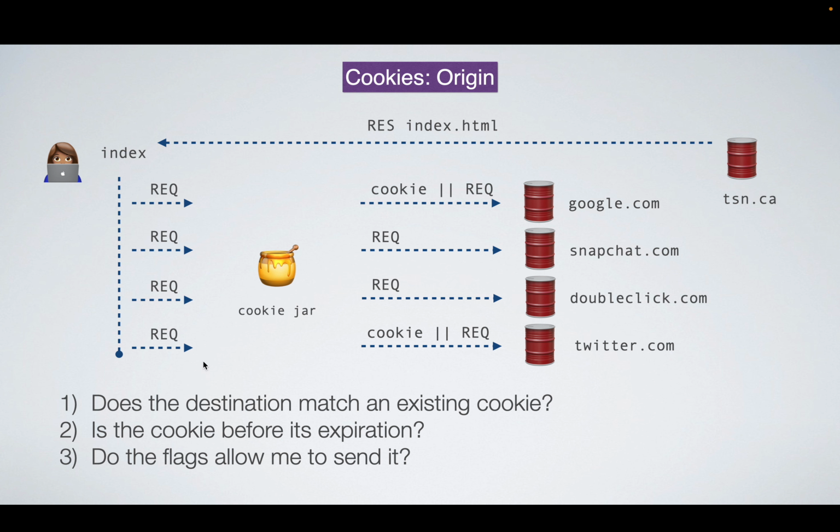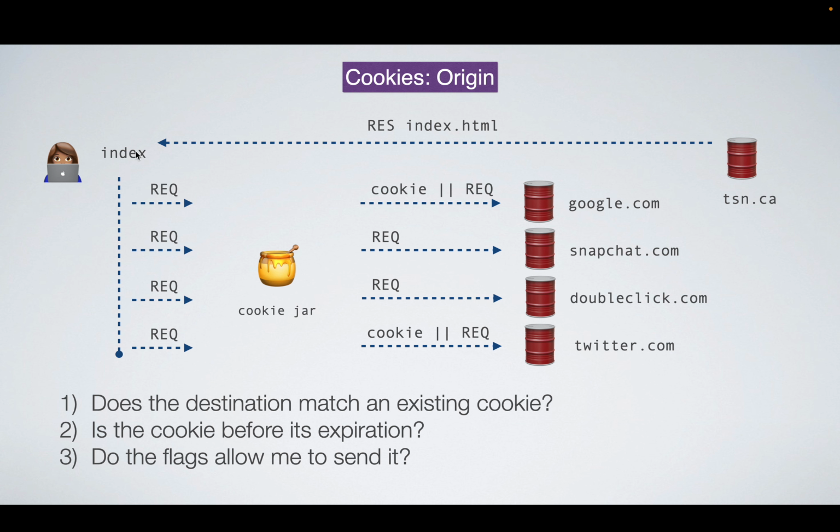Okay, so just at a high level, just again to reiterate, I know we keep going over this, but anyways, I go to tsn.ca, TSN sends me index.html, okay? I take a look at index.html. So I'm reading through index.html, and as I'm reading it, it's saying, go over to Google and grab this JavaScript, go over to Snapchat and grab this ad library or this widget, whatever.